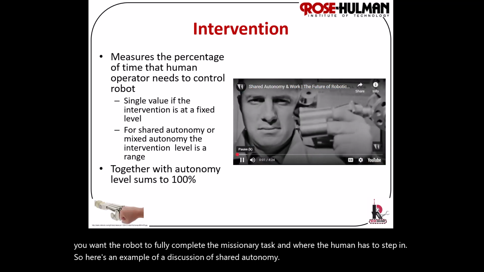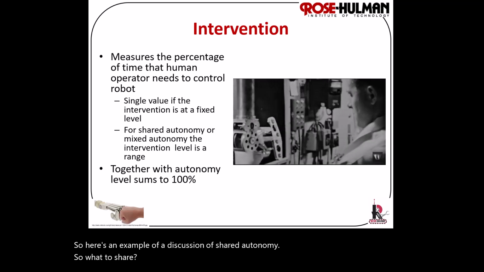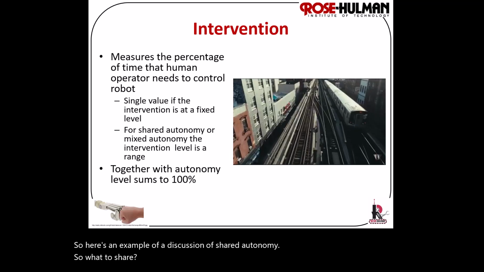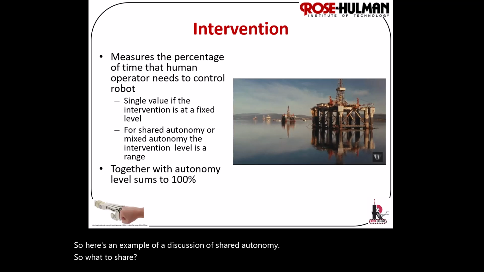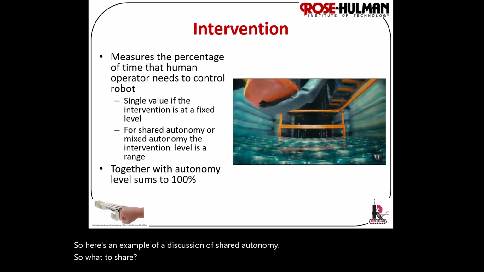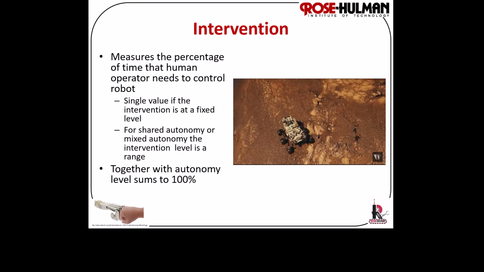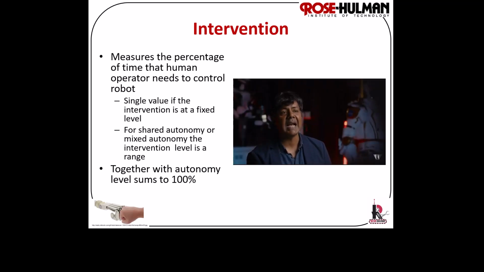So what does shared autonomy actually look like? Well, robots perform difficult tasks, like those on bridges, metro systems, oil and gas platforms, and smart factories, and even space to perform dangerous tasks. Because of the scale of these assets, it's impossible for humans to do that effectively and efficiently.